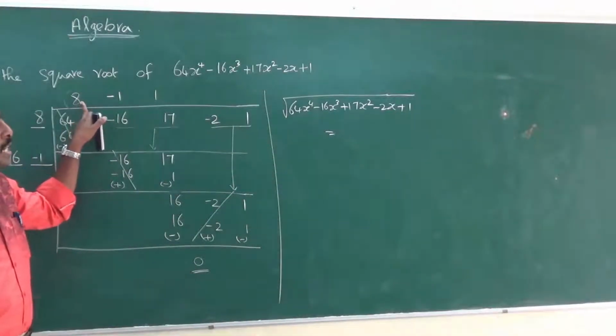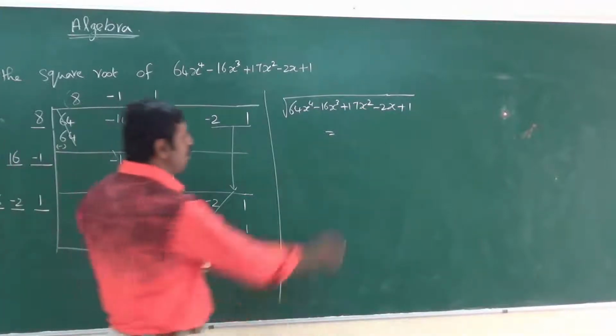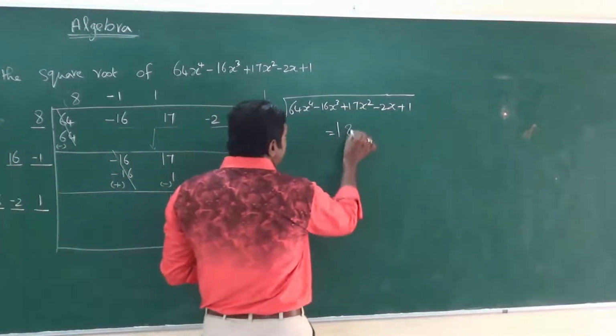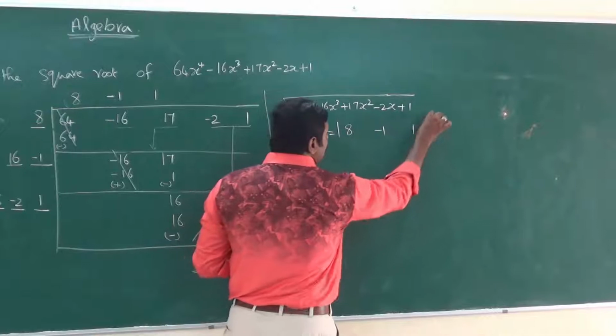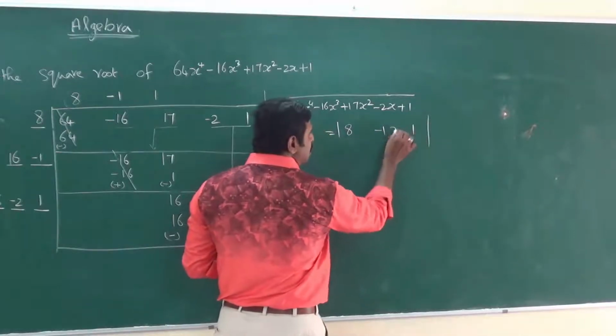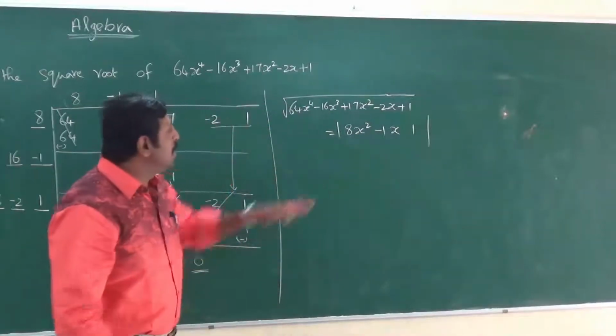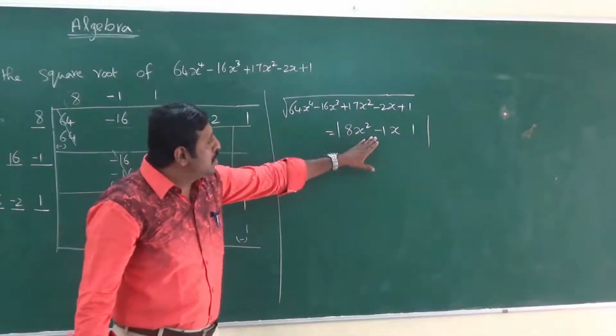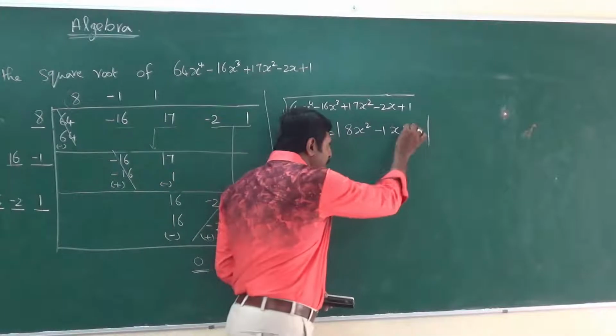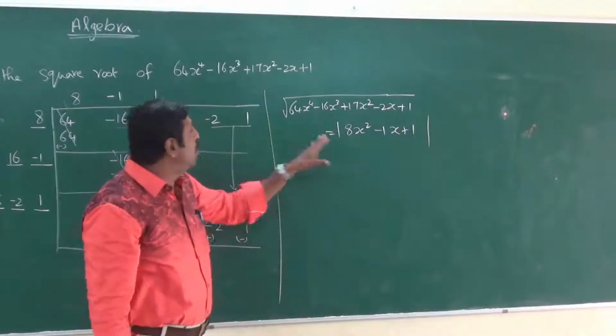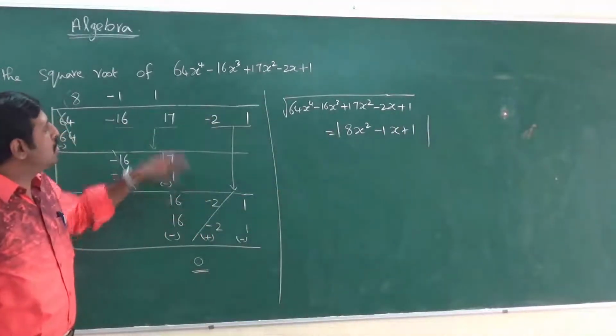The answer should be written in modulus value. Here 8, minus 1 and then 1. The next term is x and the next term is x square. See, here we have 8x square minus 1x plus 1 as the answer.